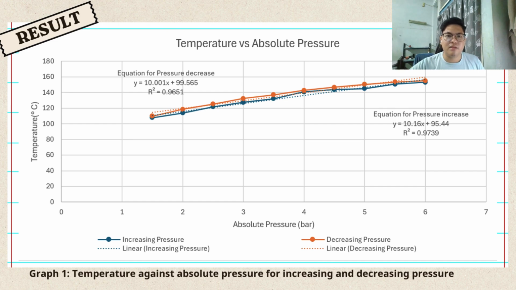From the graph, we can see the behavior of the pressure and temperature. It shows that pressure and temperature are non-linear. As for the R square here, it explains that the closer the value of the R square to 1, the better it matches the data trend.